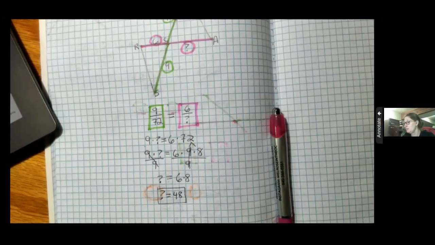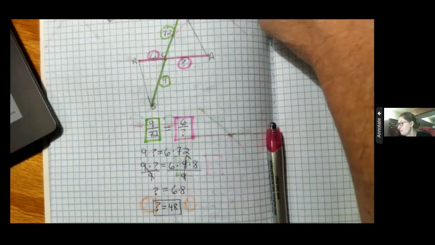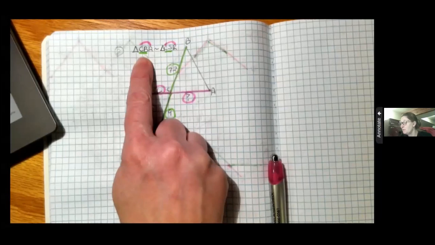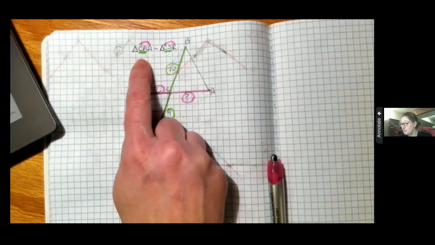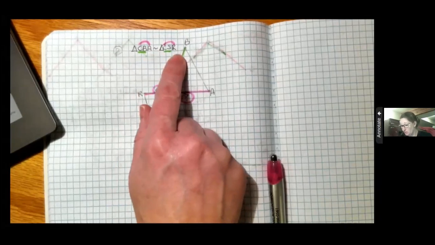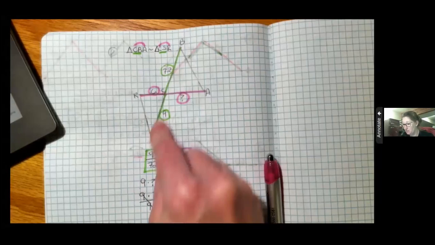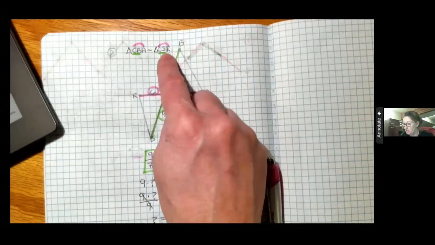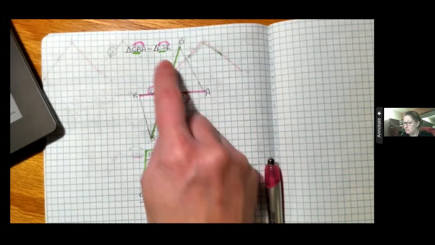The biggest thing on this one is remembering to use your similarity statements. The letters are in order. So C is to C, as B is to S, as A is to R. So then the segments are in order. CB is to CS, okay? BA is to SR, and CA is to CR.